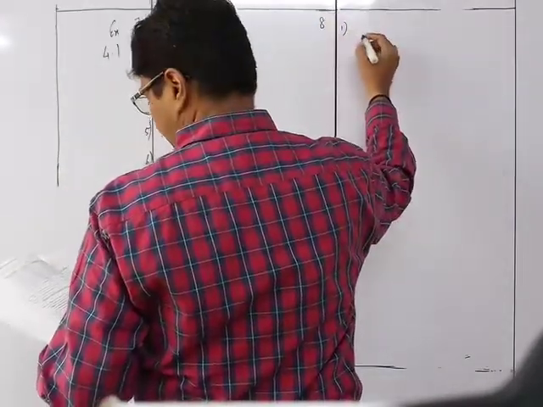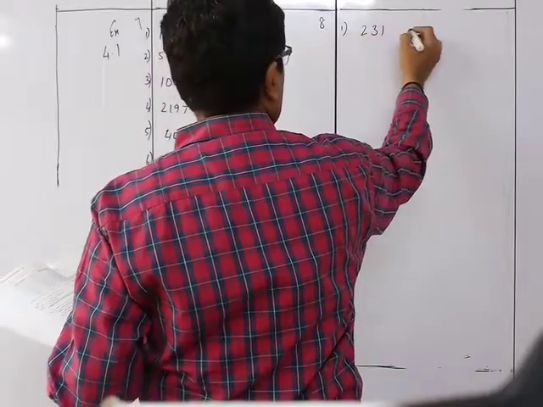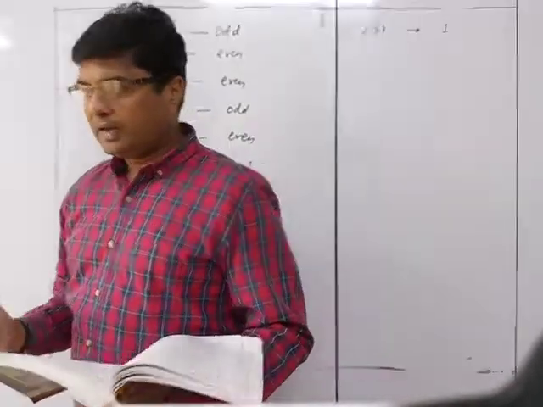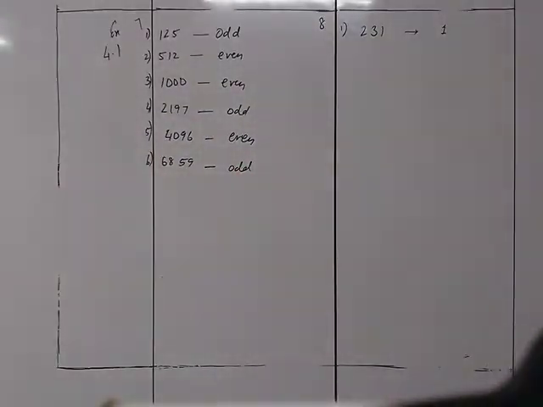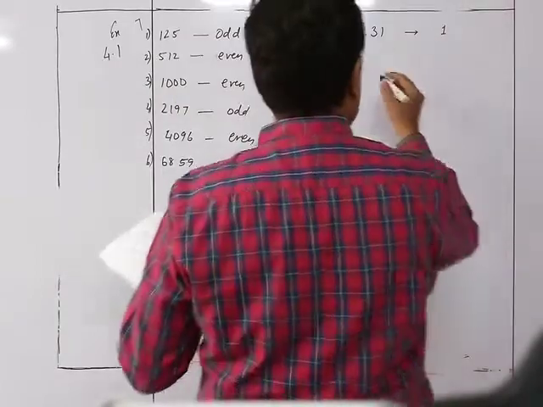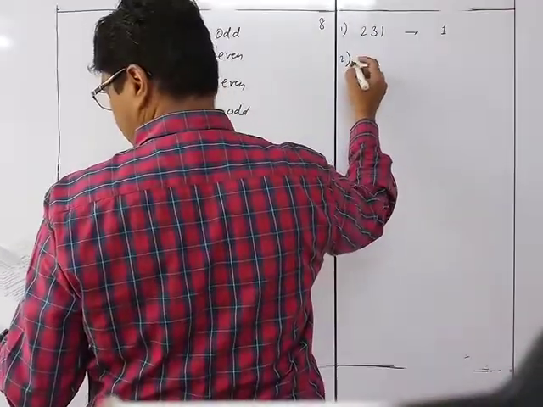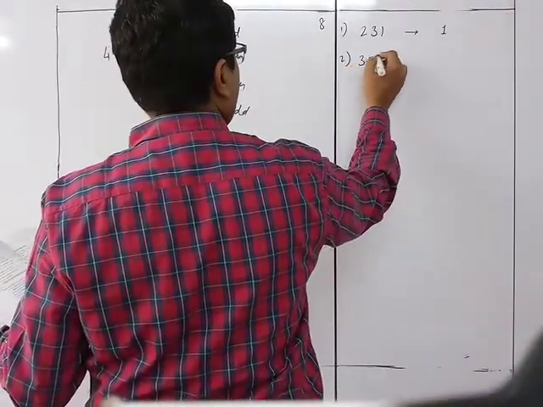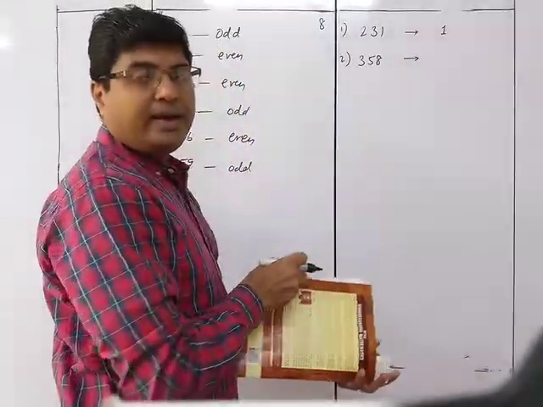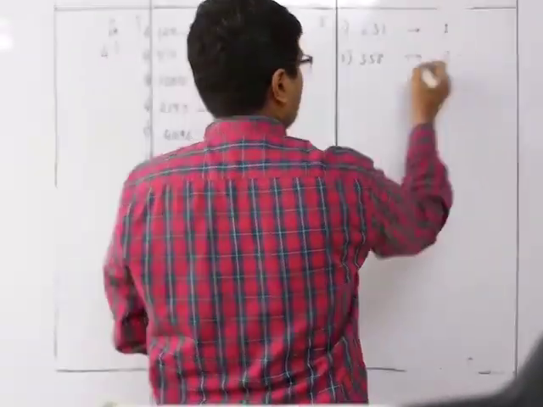First one is 231. The last digit will be 1. So 1 ends with 1, so it will be 1. The second one is 358. We know that the numbers ending with 8 end with 2, so this will be 2.